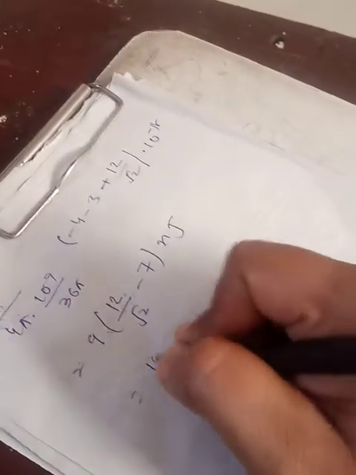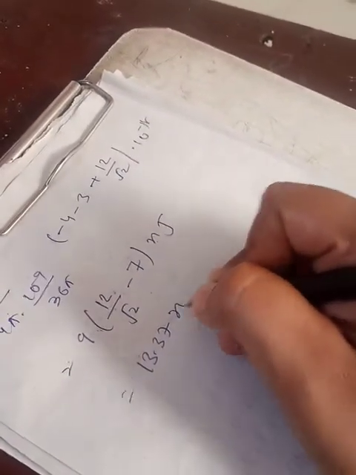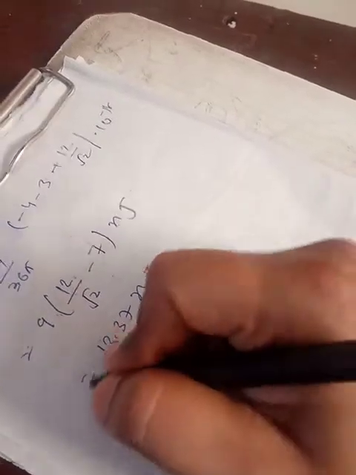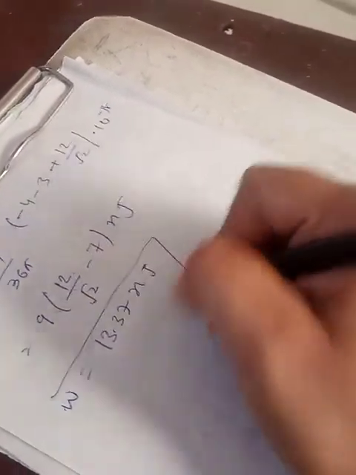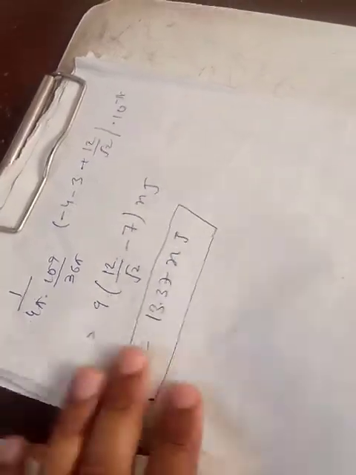So it will become 13.37 nanojoule. So this is the net work done which is required, or you can say this is the net energy or potential energy density possessed by that assembly of charge.